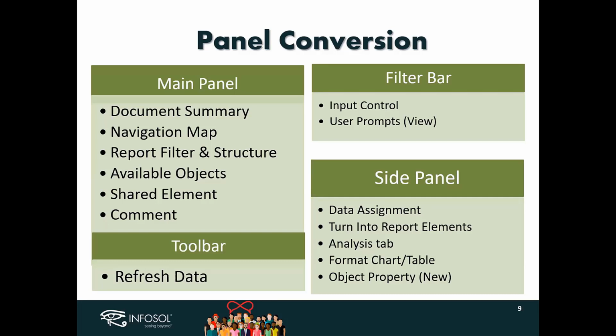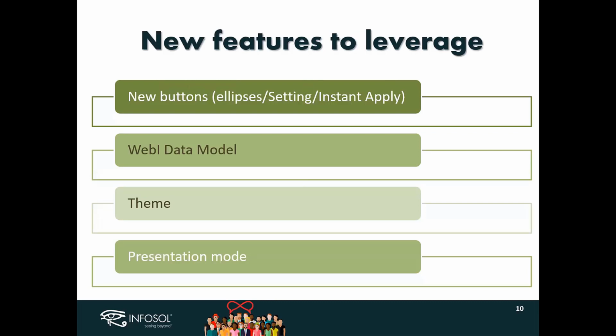And there is a new sub panel called object property. We will see that. There are a few new things that you can leverage. These are the most important ones. Look for these buttons in this new world: the ellipsis button, the setting button, and the instant apply button.